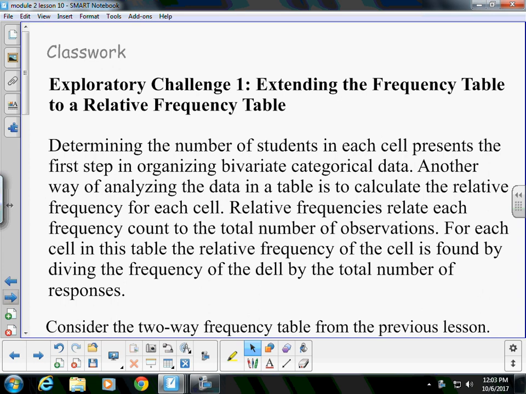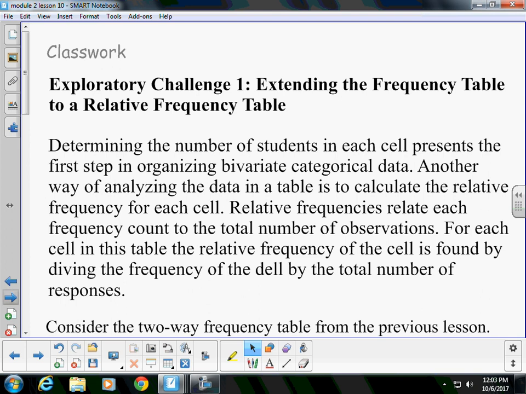Exploratory Challenge 1, extending the frequency table to a relative frequency table. Determining the number of students in each cell presents the first step in organizing bivariate categorical data. Another way of analyzing the data in a table is to calculate the relative frequencies for each cell.